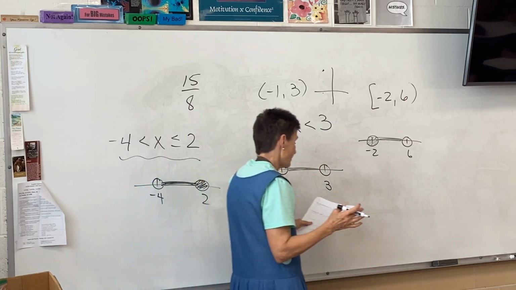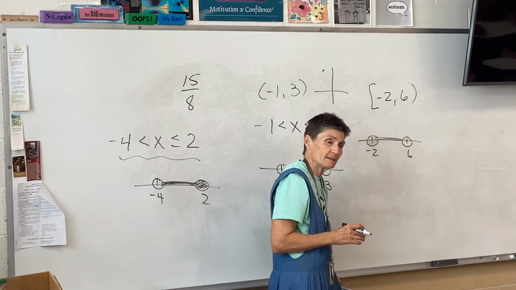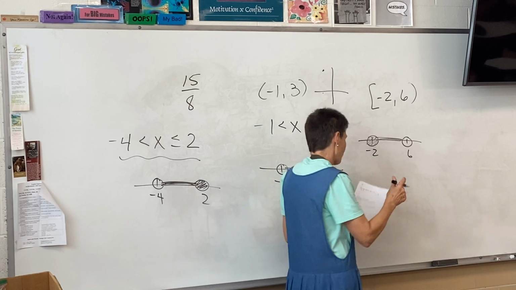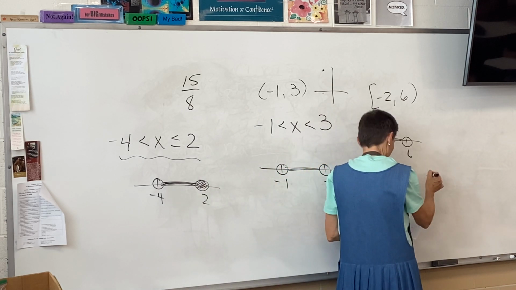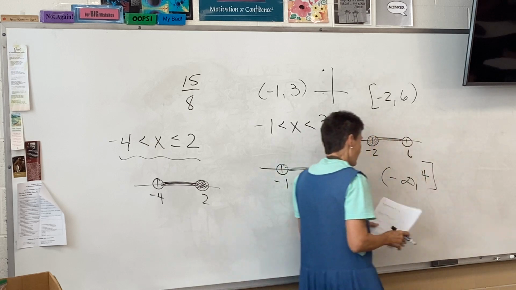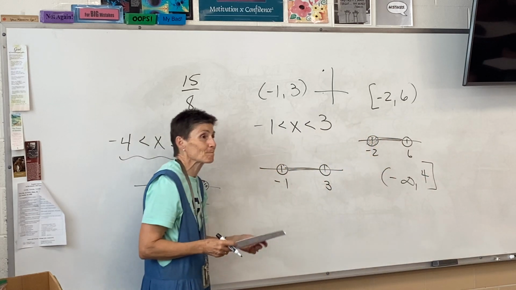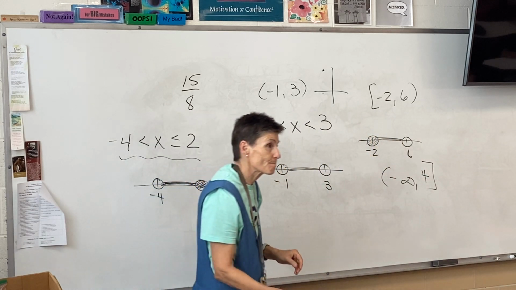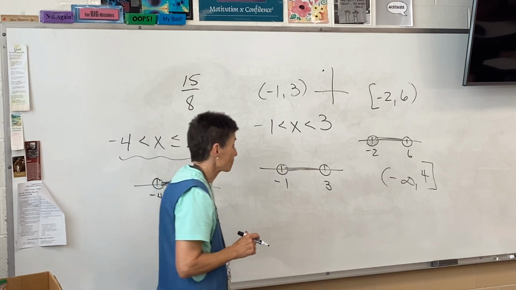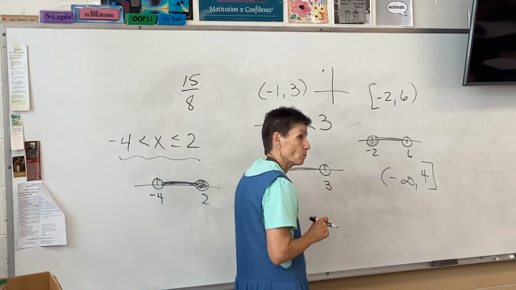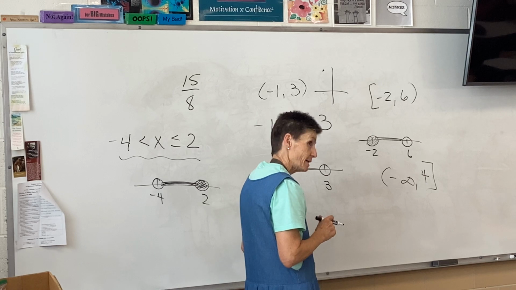I hope you're sitting there thinking, oh, this class is gonna be easy. It's so easy. And then I throw this one at you. What in the world is going on with that guy? It means it's going on in an endless line, depending on which direction it's going. Exactly.